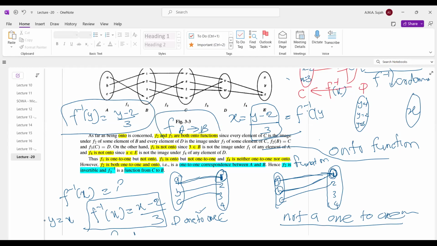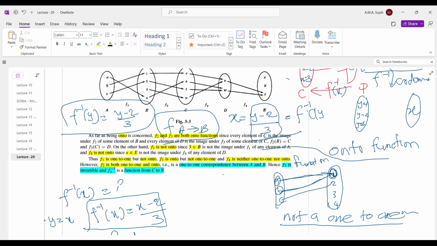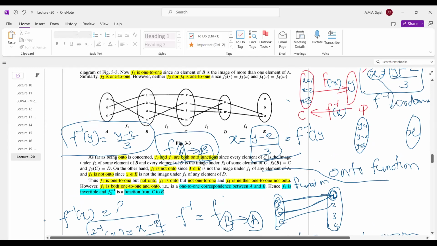If this function has an inverse function, we can write the inverse function as f inverse of x, meaning f from B to A. Here A is the domain, B is the codomain. In the inverse function, B is the domain, A is the codomain. So if you have an equation, and you change the subject of that equation, that is the inverse function.